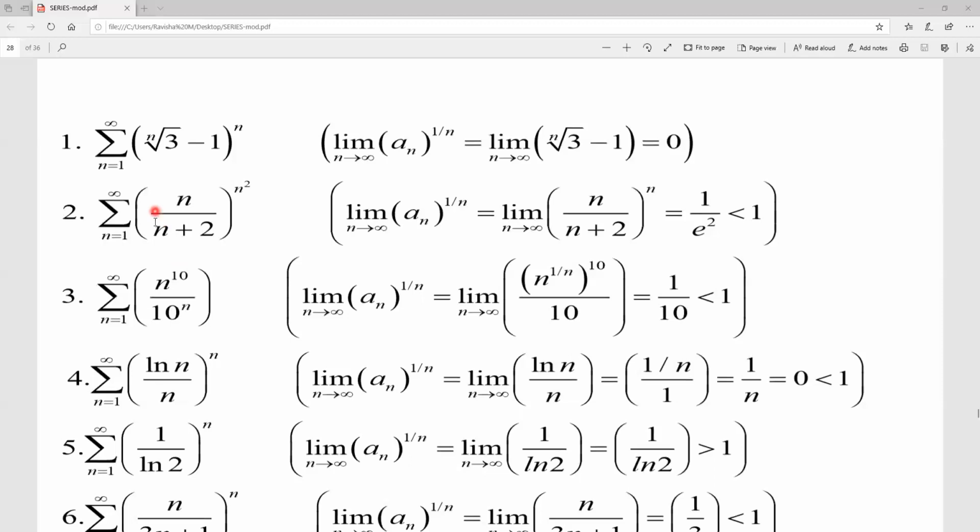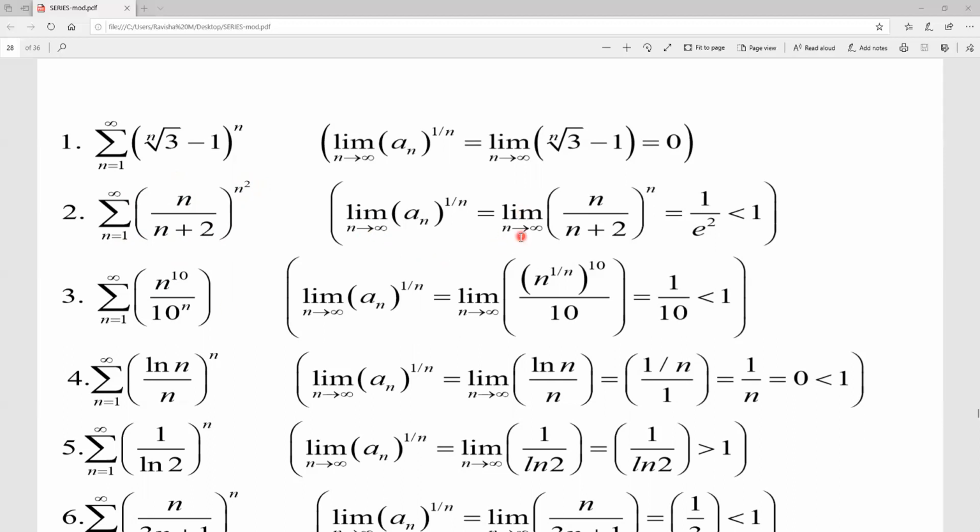Let us take a second example. The sum from n equals 1 to infinity of (n by n plus 2) whole to the power n squared. This is the nth term. Because the power has n, the root test is appropriate here.